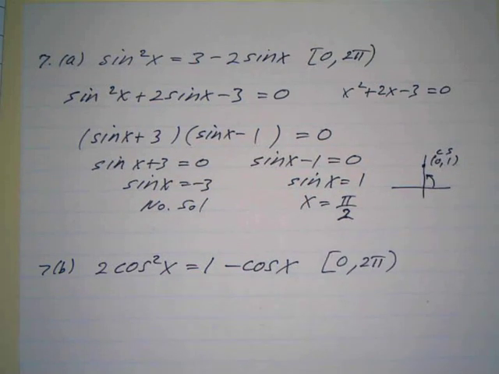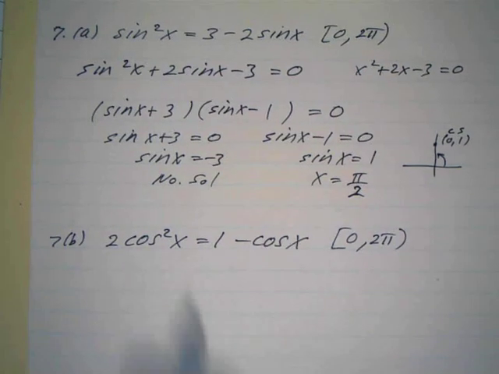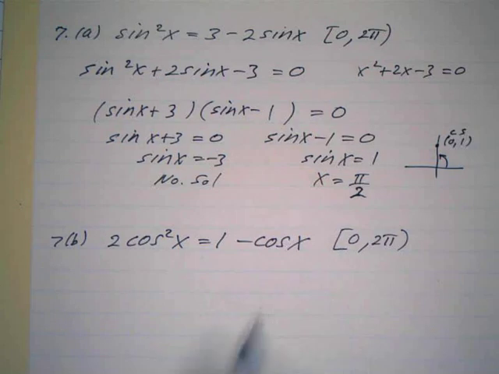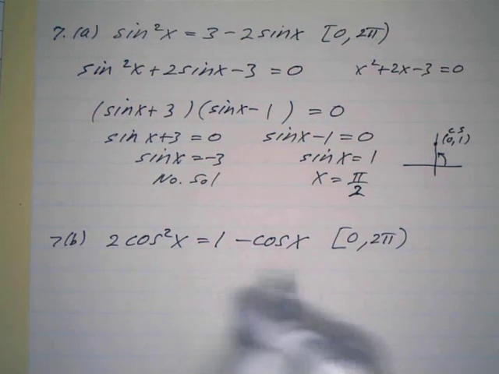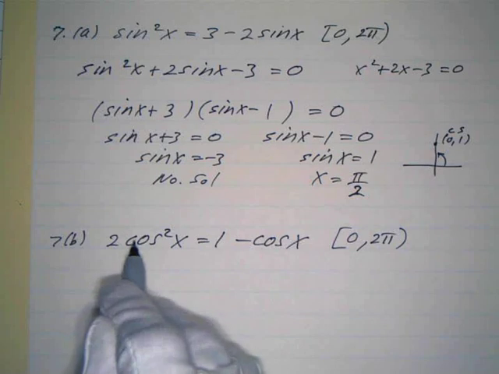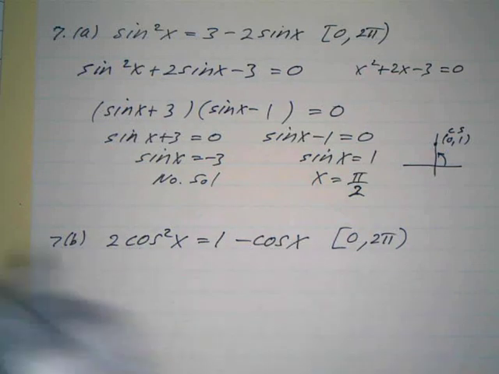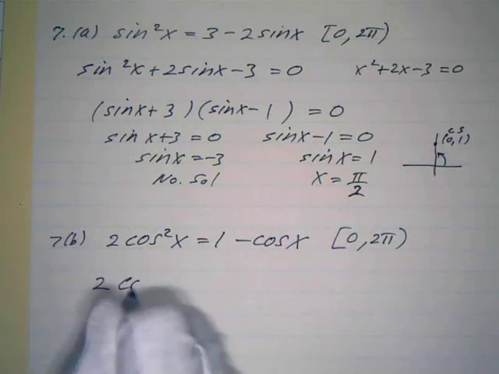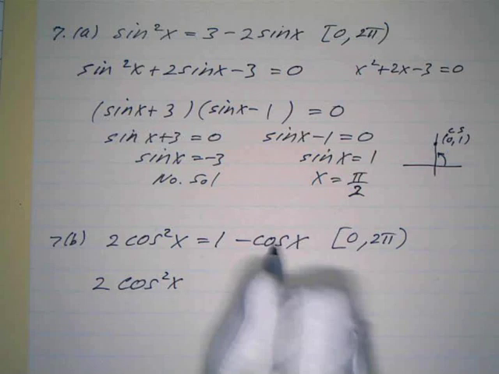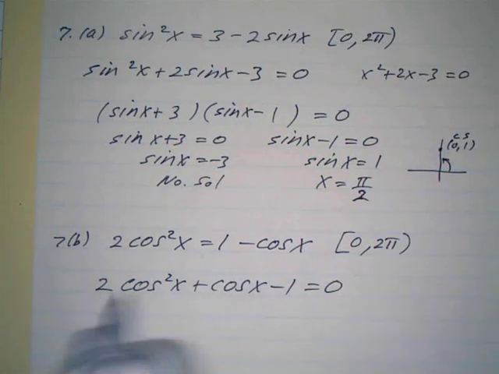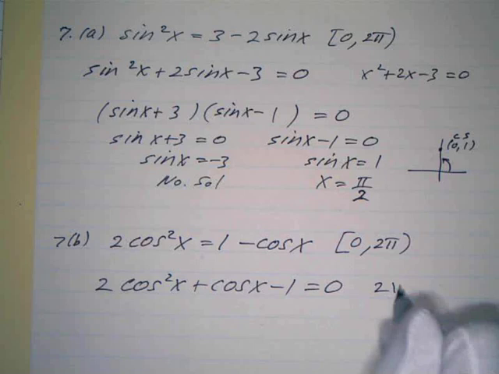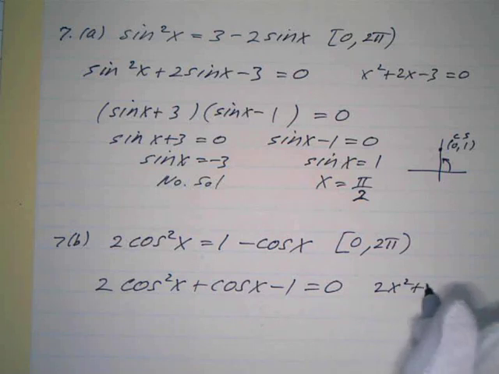Okay. And then this next one looks like it's another quadratic. We just have a coefficient of the squared term. So again, I recognize this as something like 2x squared, x, and 1. So I'll try to group everything. So I've got 2 cosine squared of x plus the cosine of x minus 1 equals 0. And again, it's just like this equation, 2x squared plus x minus 1 equals 0, which we could factor.